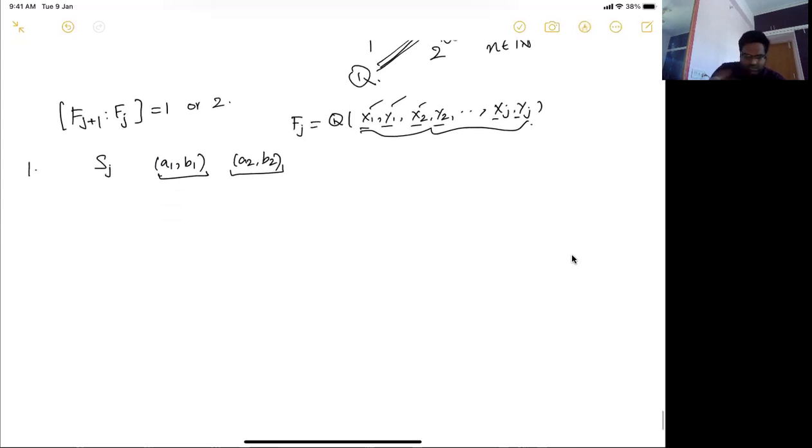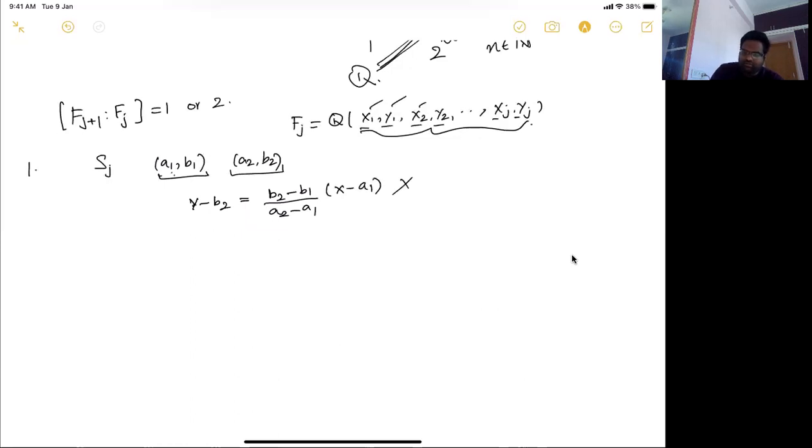So the equation joining these 2 points is given by y minus b2 is equal to (b2 minus b1) over (a2 minus a1) times (x minus a1).